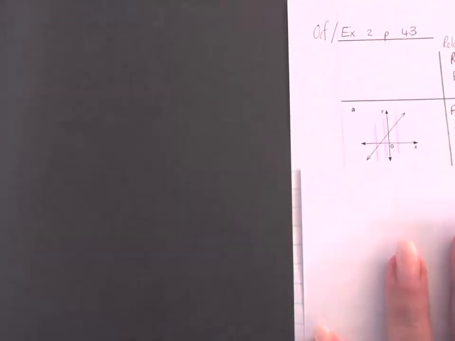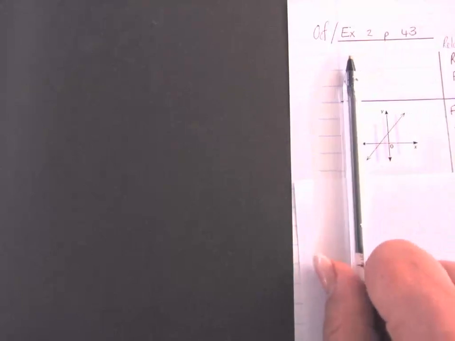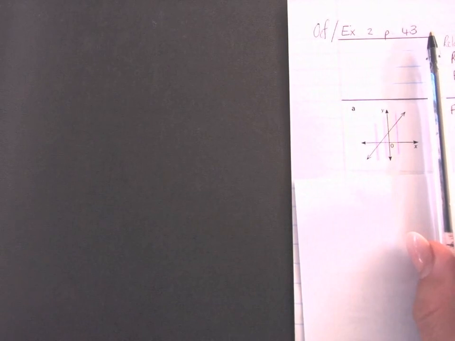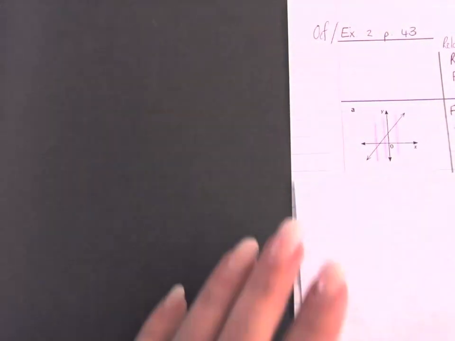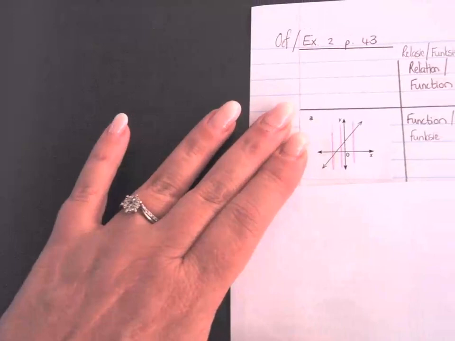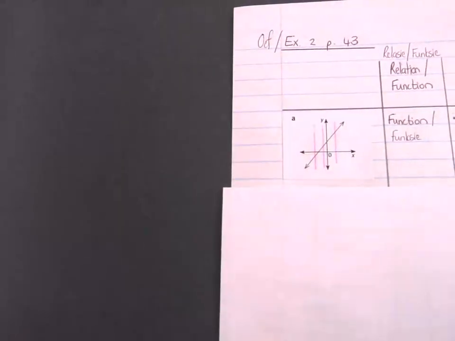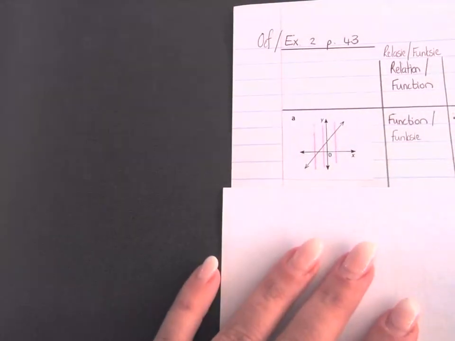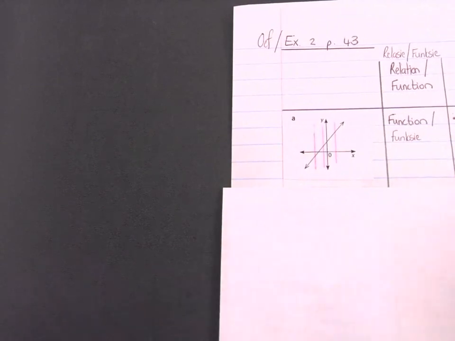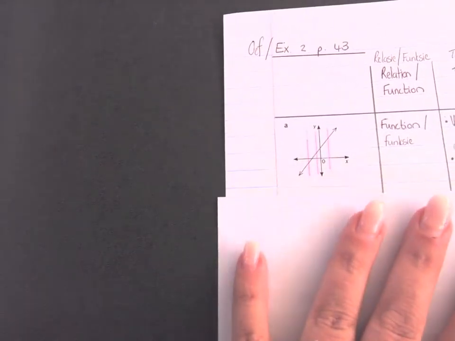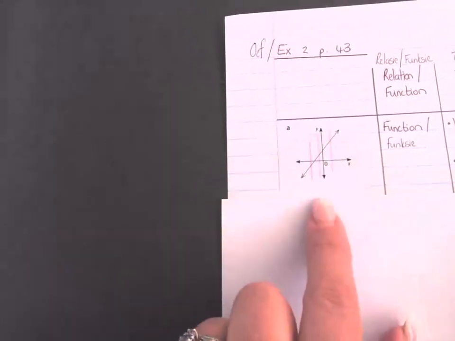Okay, the first column is state whether this is a function or a relation. The pink lines are my vertical lines. It cuts this straight line once every time. So what is it? Function. Now you write function. Give 2 reasons for your answer. First you can comment on the vertical line and then on the mapping, or the other way around. Why is this a function?